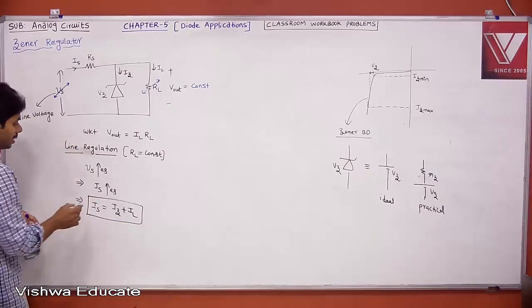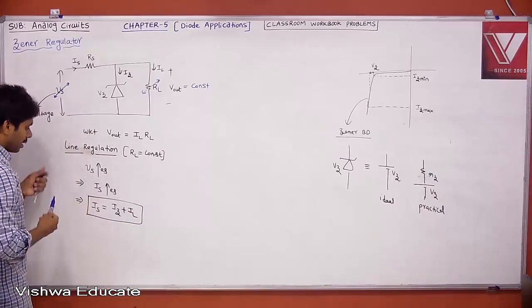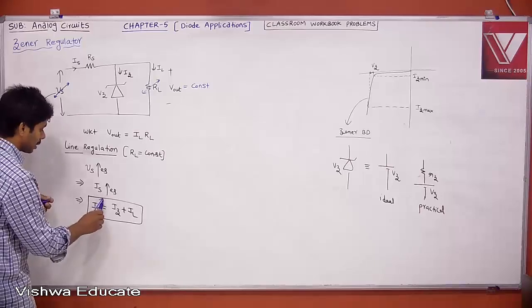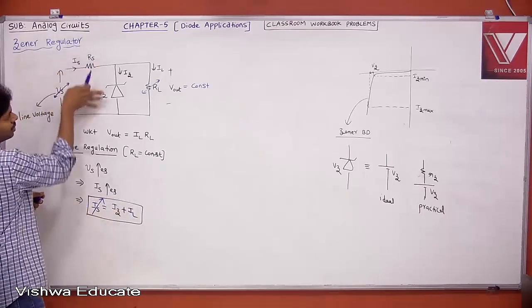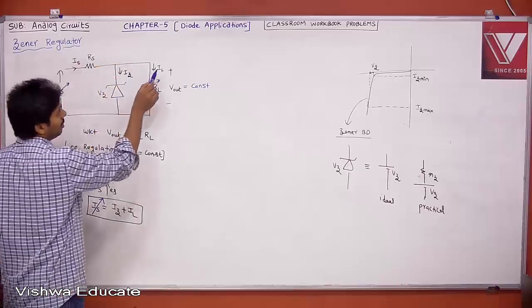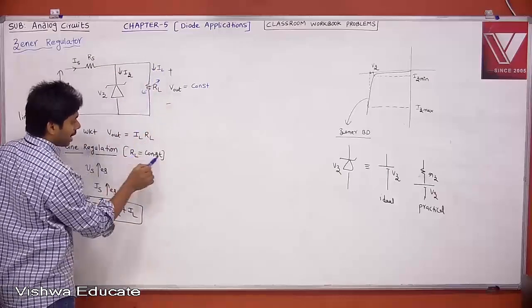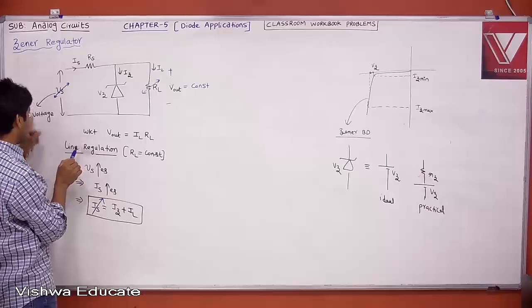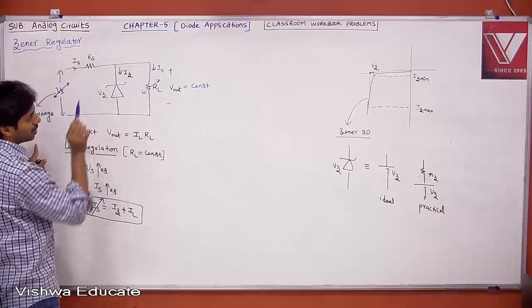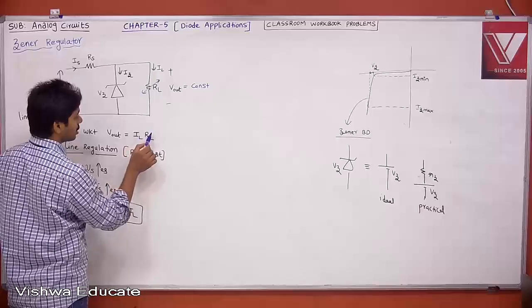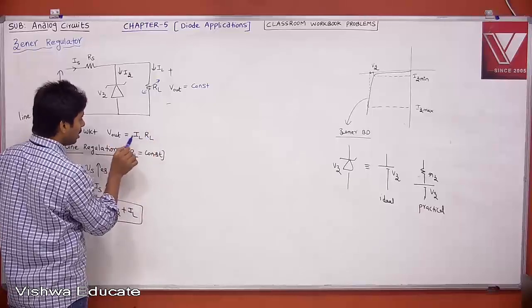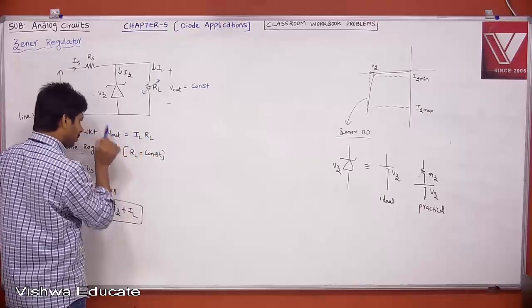Therefore, now tell me, your IS is increasing. When IS is increasing, you may say IZ will increase and IL also will increase. If source current is increasing, this current will increase, this current will increase. But remember, if IL is increasing and RL is constant, because I'm speaking about only line regulation, only line changes, I'm trying to see what your output voltage is. When RL is constant, only when IL is constant will your Vout be constant.